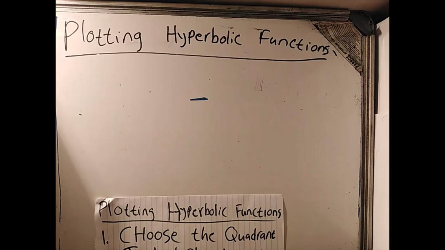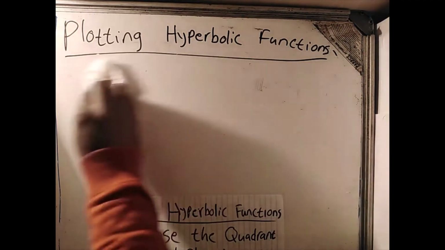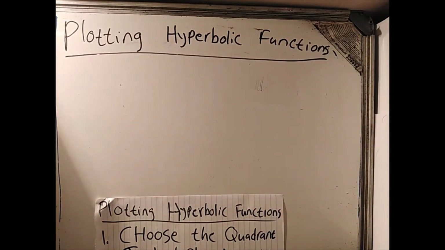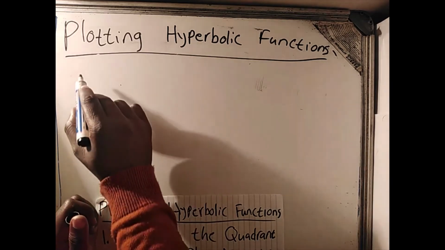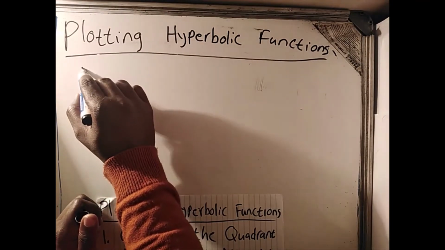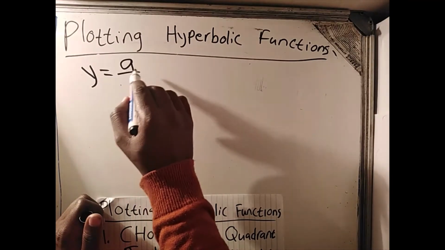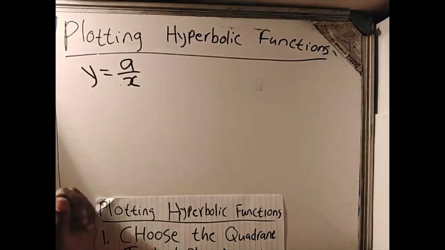So let's pick a fundamental hyperbolic function, and let's discuss it and see how far we can go. Okay, let's say you've got y, which is equal to, say, a over x.